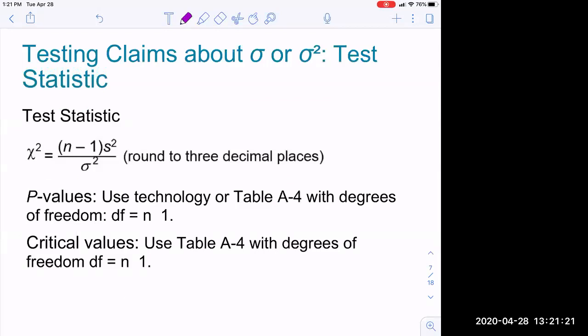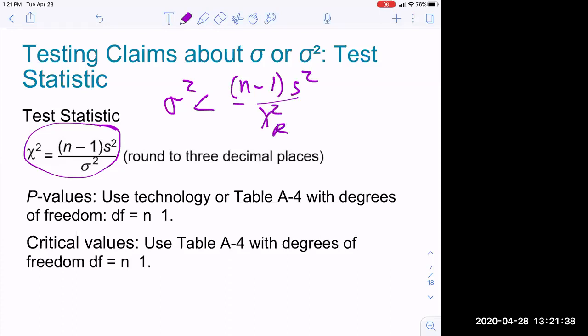That's our test statistic. It looks a lot like confidence interval, because when we did confidence intervals, this was bounded there, so there's one on the left as well.